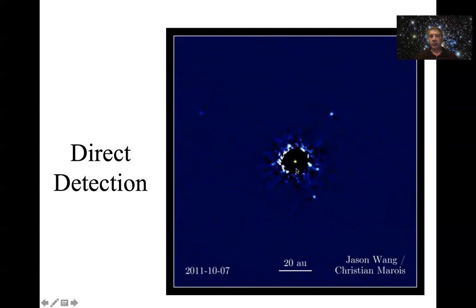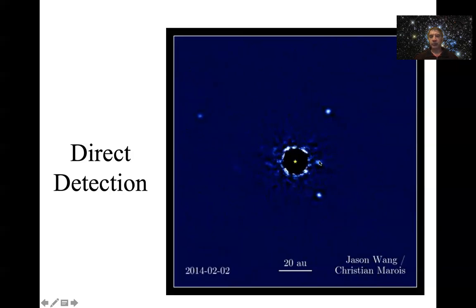But the other thing you need to do is block out the light from the central star. That's what this dark disk in the middle here is all about, so you can still see a lot of artifacts in the middle here left over from the very bright glare of the host star. But you can see these 4 faint objects are clearly detected, and over a period of several years, you can see that they are indeed orbiting around the star, and they are in Keplerian orbits.